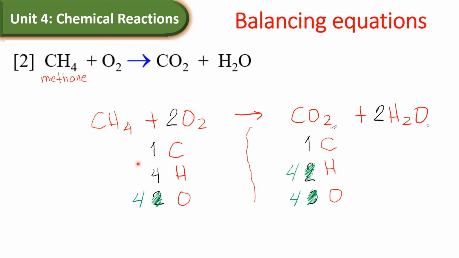If you look here, we have 1 carbon, 4 hydrogen, and 4 oxygen. 2 times 2 equals 4. 1 carbon, 4 hydrogen, 2 times 2 equals 4. We also have 4 oxygen here because 2 oxygen plus 2 oxygen is 4. Therefore, this is our balanced equation, CH4 plus 2O2 to produce CO2 plus 2H2O.